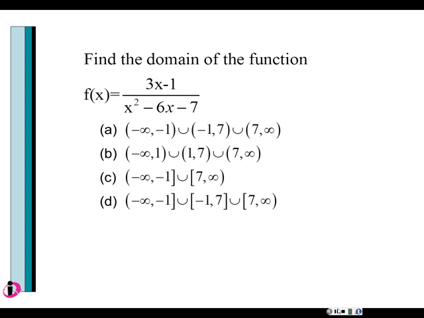Now what do you want to make sure? You want to make sure that the denominator is not equal to 0, right? Which is x square minus 6x minus 7. It cannot be 0. So to know that, you have to solve the equation.